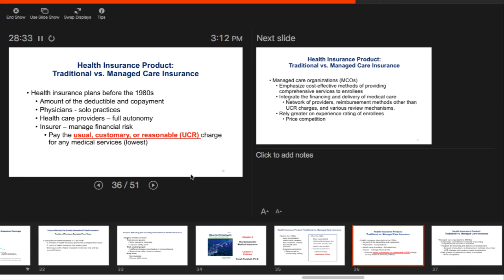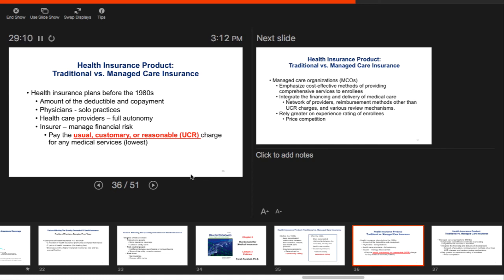So the health insurance plan before the 1980s was very straightforward. It was based on the amount of deductible and copayment. Physicians were working in solo practice mostly, and they had full autonomy of prescribing whatever they thought was right. And the insurer's financial risk was managed by paying the usual, customary, or reasonable charge, called the UCR, for any medical services.